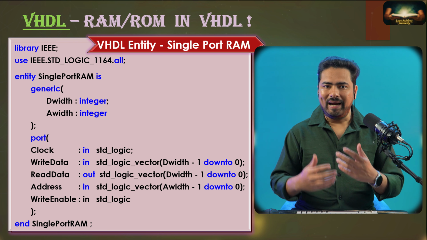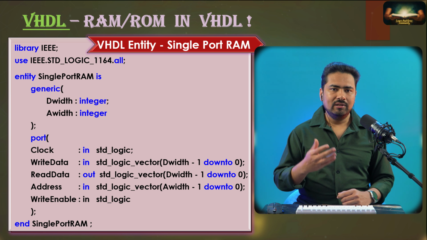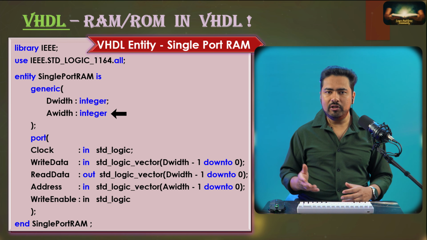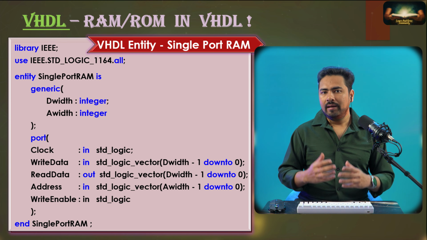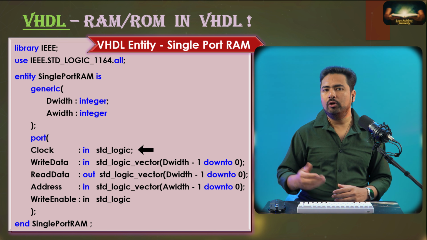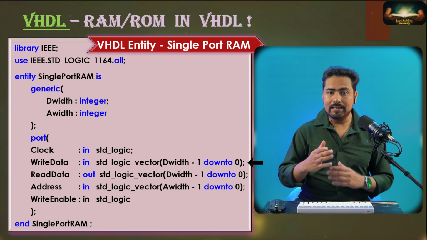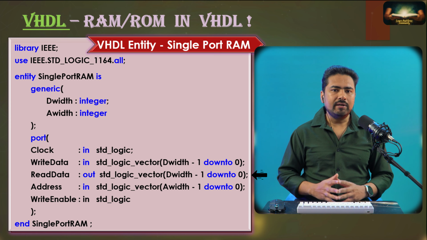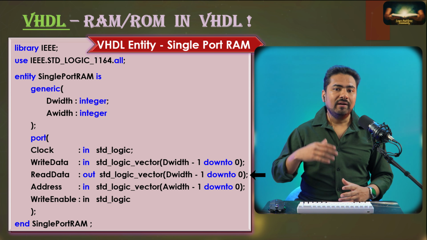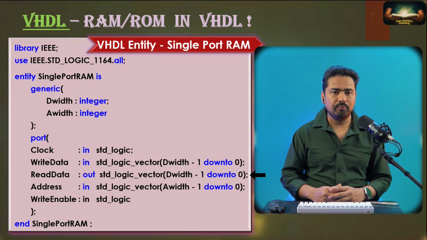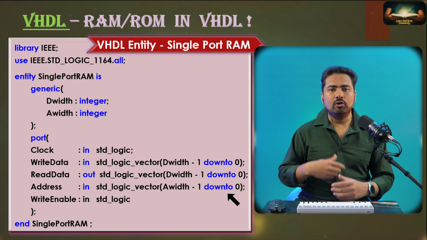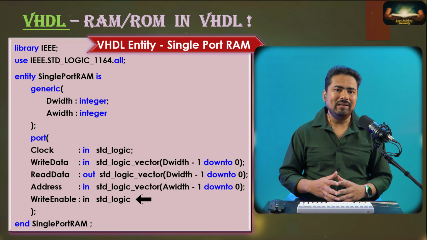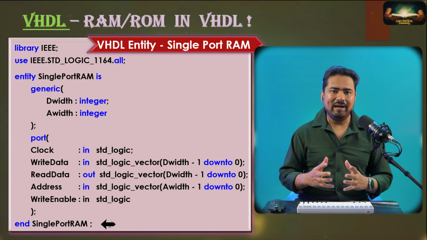It is entity single_port_RAM is generic (d_width : integer; a_width : integer); then port (clock : in std_logic; write_data : in std_logic_vector(d_width - 1 downto 0); read_data : out std_logic_vector(d_width - 1 downto 0); address : in std_logic_vector(a_width - 1 downto 0); write_enable : in std_logic); end entity.